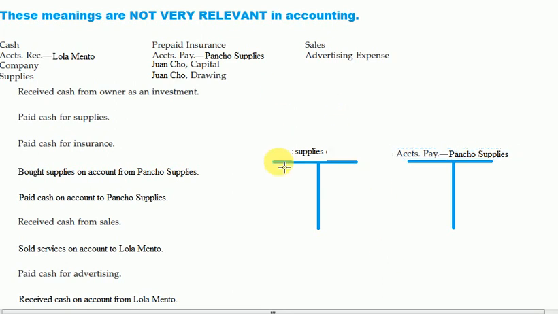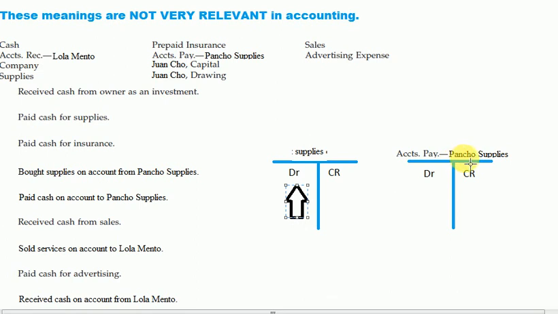Now again, a very important thing to do: DR and CR, and we do the same thing here. Let's take a look. Supply, we already know it is an asset. In this case, do we have more supply? Of course. When you buy supply, you have more supply. So supply, I'm going to make it increase on the debit side.